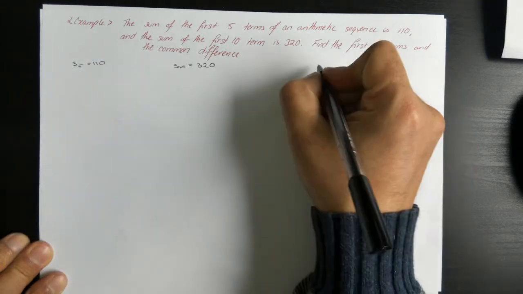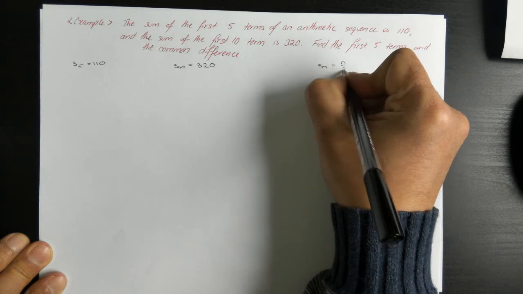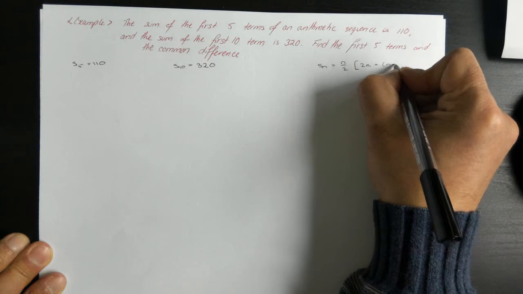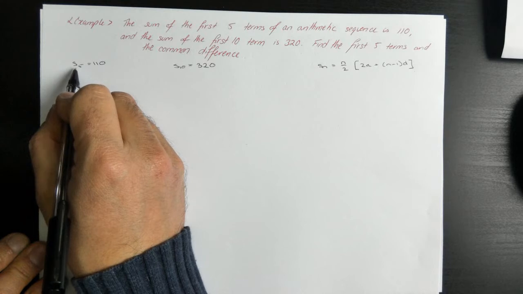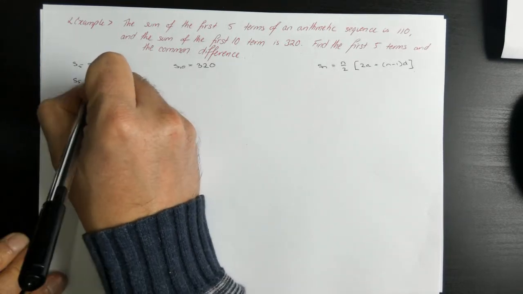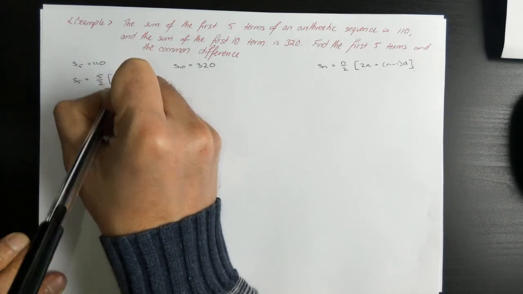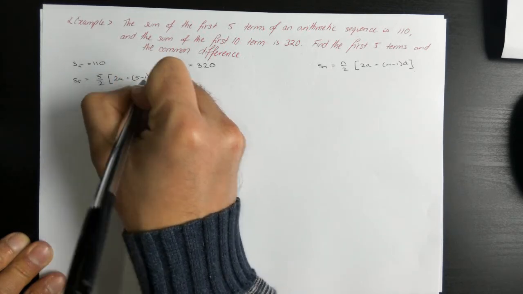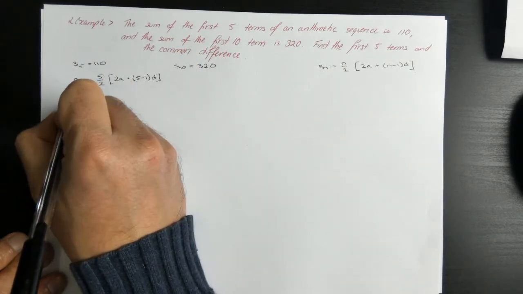Remember, using the formula that Sn is equal to n over 2 times (2a plus (n minus 1)d). In this situation, n would be 5. So S5, the sum of the first 5 terms, is 5 over 2 times (2a plus (5 minus 1), which is 4d), and that equals 110.